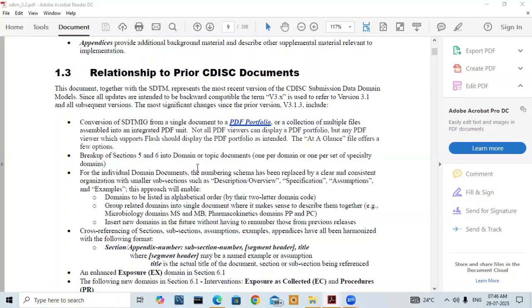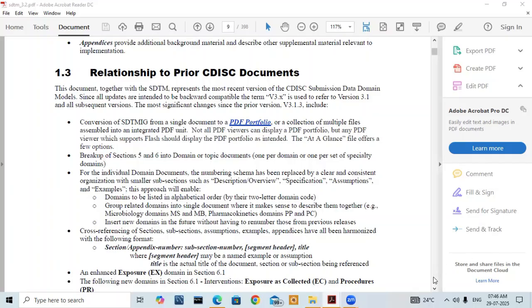In 3.2, they explain the concepts very clearly, whereas 3.3 and 3.4 are a little different in language. In 3.4, they have some updates and some new tables added, which we will see later. But I am using 3.2 because the language is simple and it is very easy for a new person to understand the concepts.